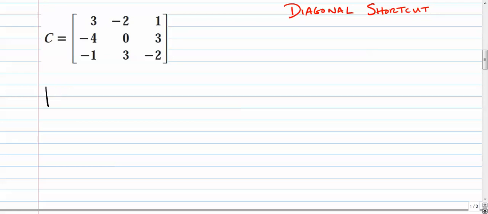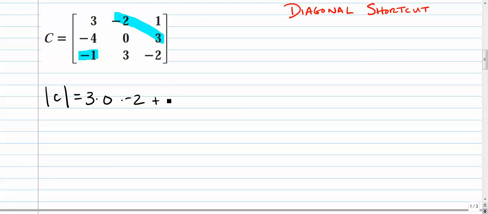So we're going to take determinant of C is equal to, alright, here we go. So we're going to do diagonals again, kind of like Sarrus did. And we're going to go these three, multiply those together, 3 times 0 times negative 2 plus, alright, now here's where it gets a little strange, plus you're going to multiply this term by these two.